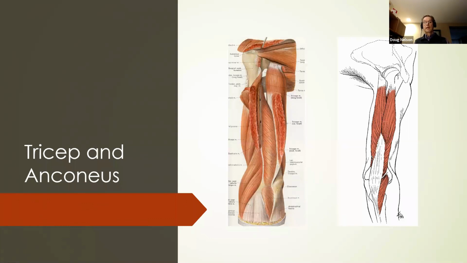And then, of course, the triceps and its little sister muscle, the anconeus. Very important muscles for a host of different reasons, and again, easily overlooked. So make sure that you look at this in terms of both the attachment of the long head here at the infraglenoid, and then also the medial and the lateral heads.